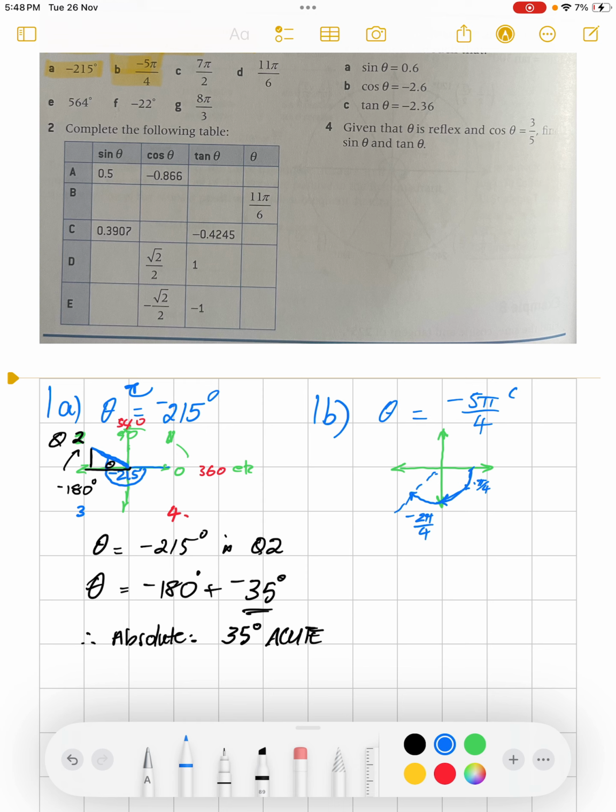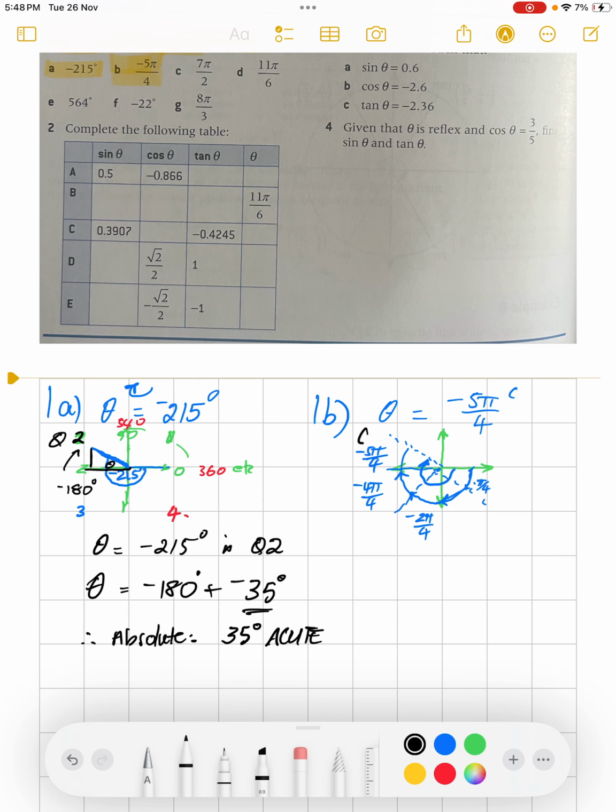negative 3 pi over 4's, negative pi, which is negative 4 pi over 4, negative pi, and then another 45 degrees or another pi over 4, and this angle here, all the way around to that position, is negative 5 pi over 4.